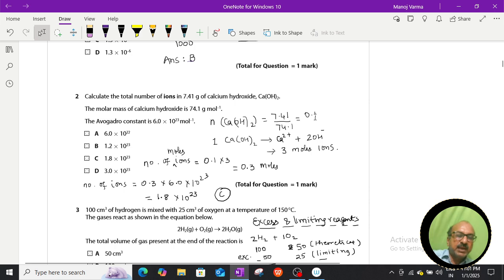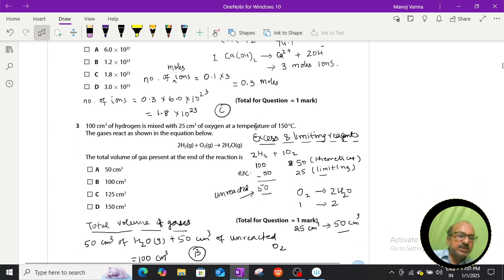So once you get 0.1 moles of calcium hydroxide, it is not the number of moles of ions, so it will be 3 times. I multiplied this by 3 and got 0.3 moles, and then this is multiplied by the Avogadro constant to get the total number of ions, which gives you 1.8 into 10 raised to 23, which is the answer C. Okay, so let's go to the next question.